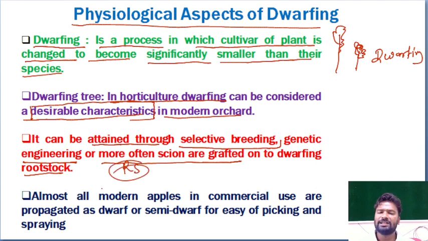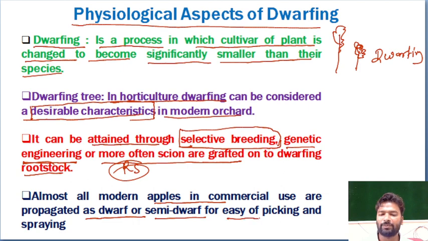So there are mainly three methods: you can go for selective breeding, or you can go for transgenics or genetic engineering, or you can go by grafting, meaning you are using the dwarf rootstock. And almost all the modern apples in commercial use are propagated as dwarf or semi-dwarf. What is the purpose of this?